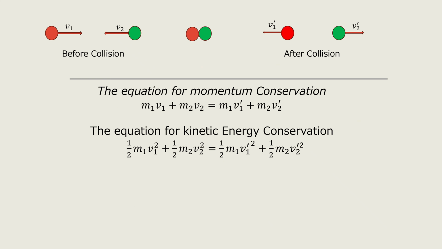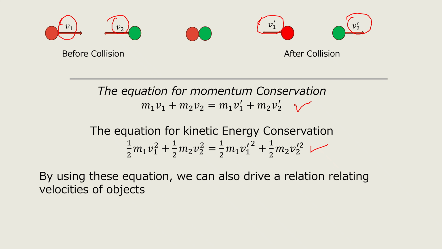We can also use these two relations, the conservation of momentum and the conservation of energy in elastic collision, and by using them, we can derive a relationship that relates the velocities of the objects with each other. And that relationship is this: v1 plus v1 prime equals v2 plus v2 prime.